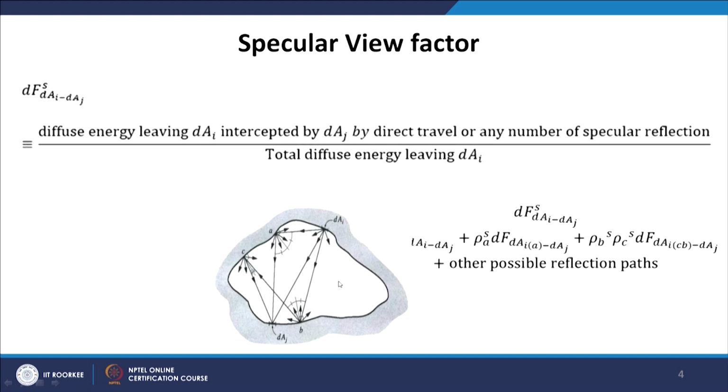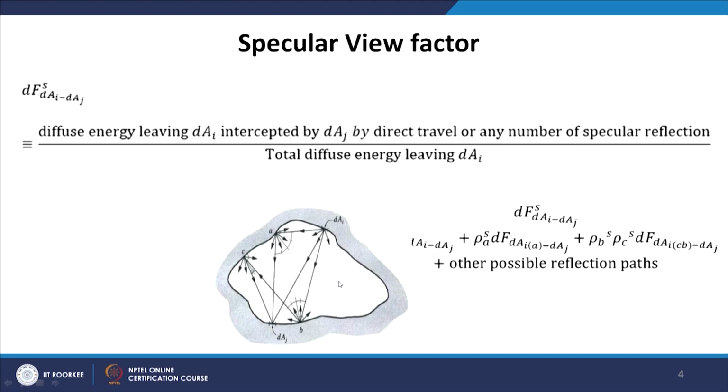Please note we are only interested in specular reflection while defining the specular view factor. The diffuse reflection is not accounted for in the specular view factor, and in the denominator we have the total diffuse energy leaving dAi.